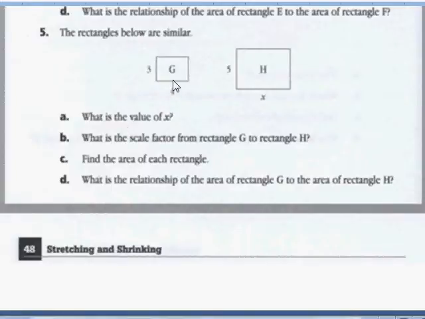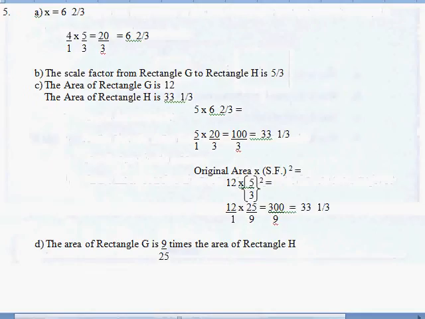So G is 9/25 the size of H. And if that seems weird to you, all you got to do is multiply 33 1/3 by 9/25, and you're going to get 12. So G is 9/25ths the size of H, meaning it's smaller than H.